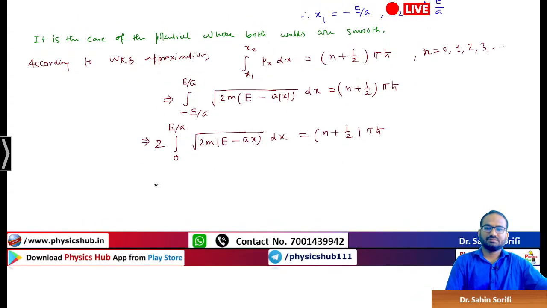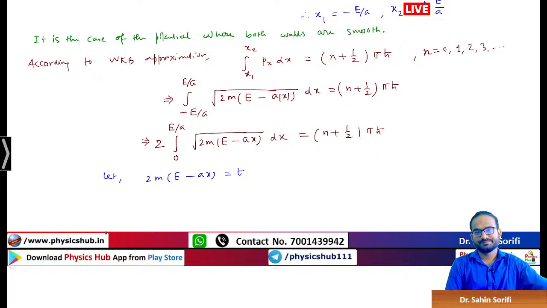Now what we need to do, let's take the term inside the square root, twice m into E minus ax, equal to t. So minus twice m a dx equals dt, or dx equals minus 1 by twice m a dt.